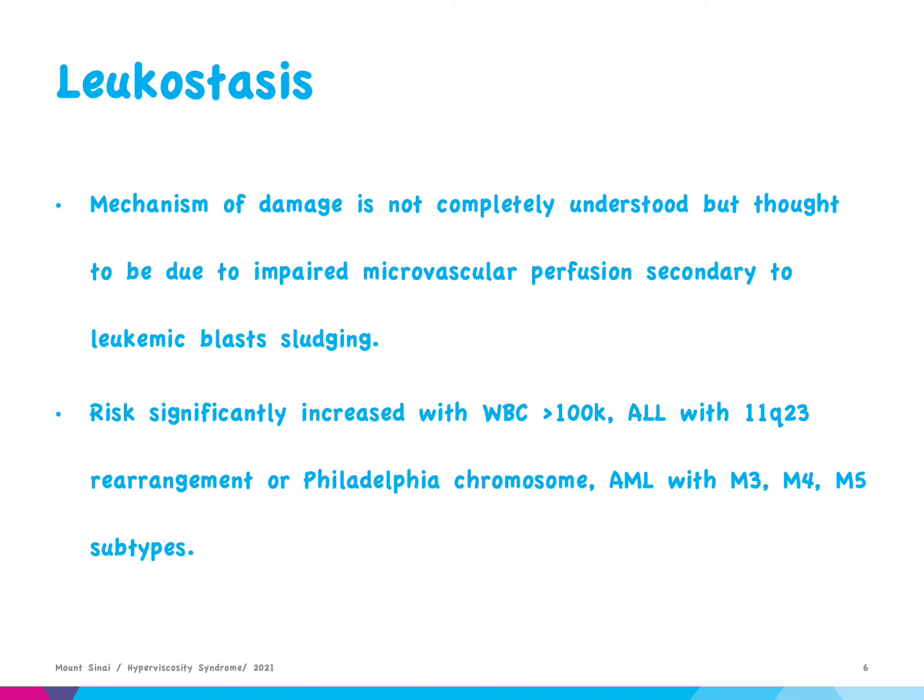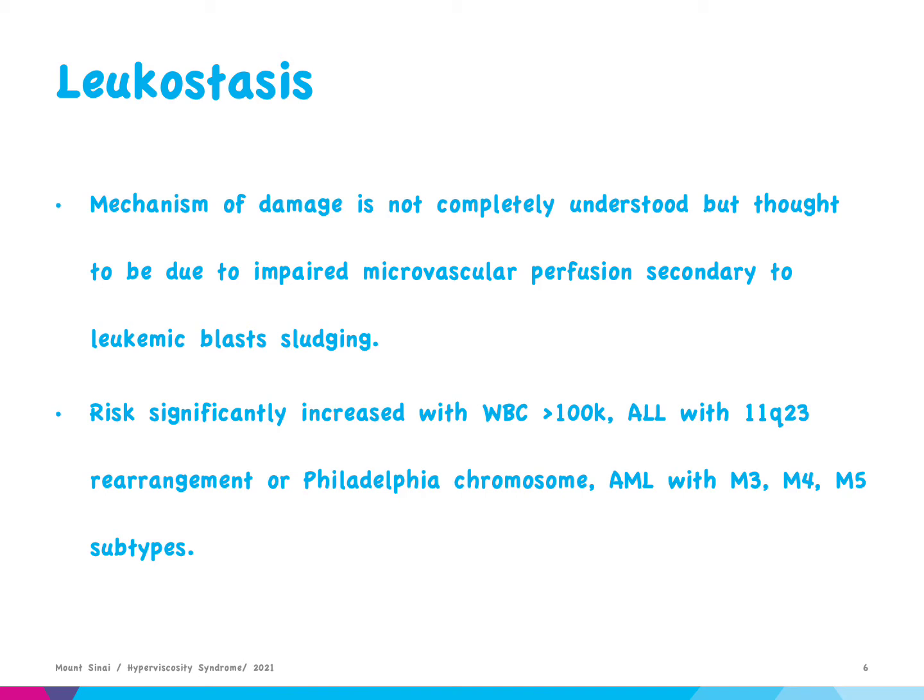We talked a little bit about the mechanism of leukostasis and hyperviscosity. I talked about the immunoglobulin, the pentameric structure in regular hyperviscosity syndrome. With leukostasis, we really have an increase in the total white blood cell count, and mostly blasts are more susceptible to causing it because they have less malleability.